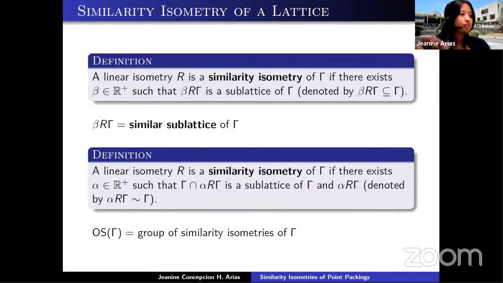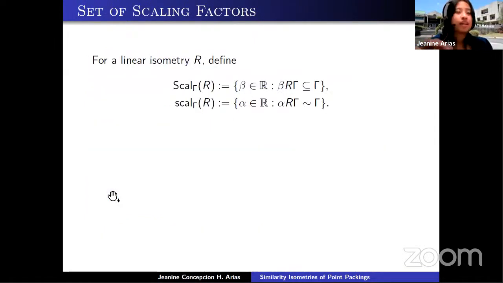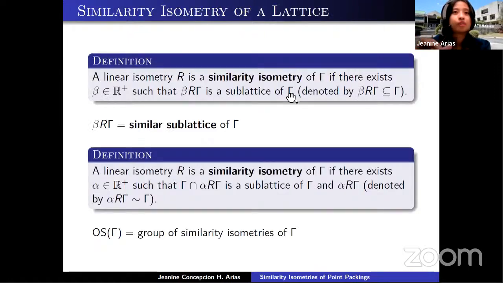So we are also interested in the set of scaling factors. We may define two sets of scaling factors, namely big skull and small skull, corresponding to the two definitions earlier. So big skull is for this definition and small skull is for the second one.